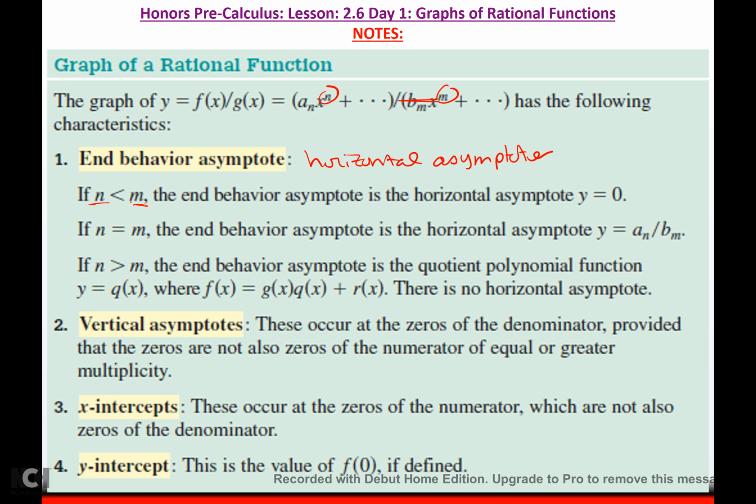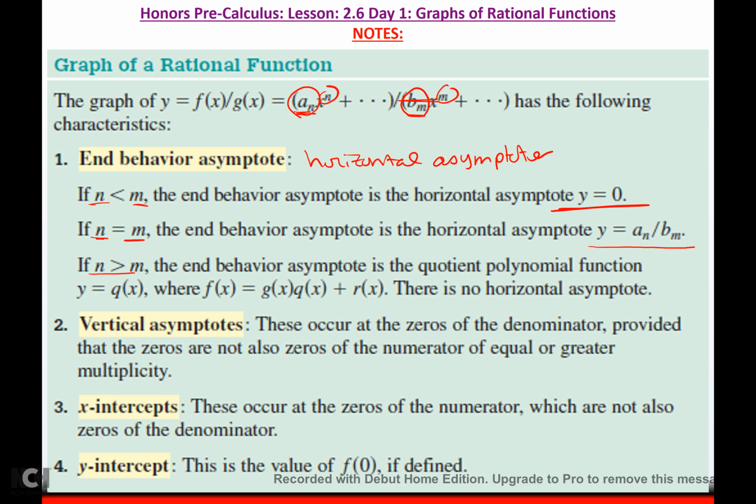If the top degree is smaller than the bottom degree, then your horizontal asymptote will be at y equals 0. If the top degree is equivalent to the bottom degree, then your asymptote will be the quotient of the top leading coefficient divided by the bottom leading coefficient.